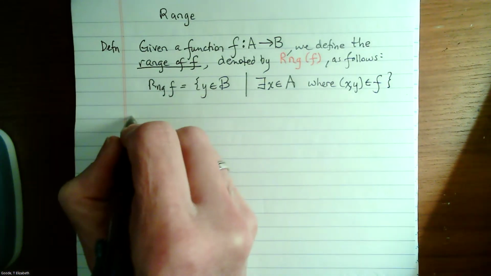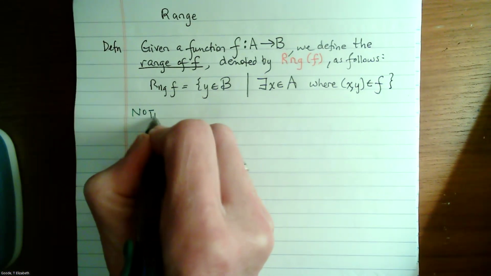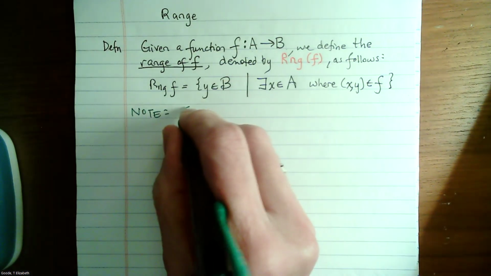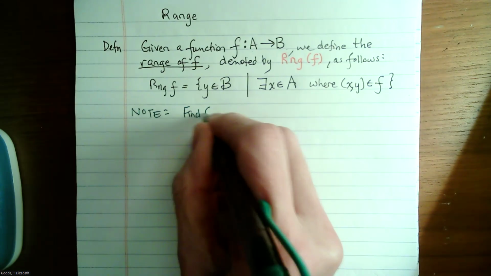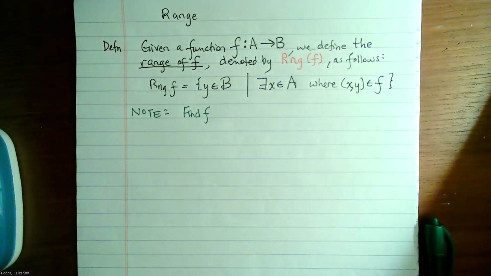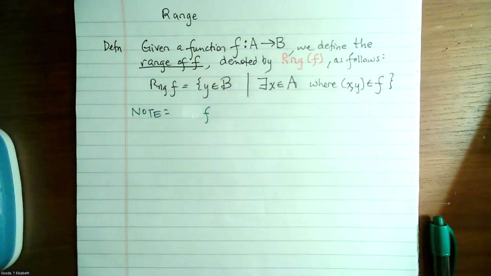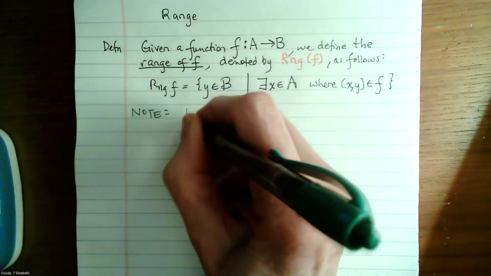So I'll just put a little note here, and I'm going to try to say things as many different ways as possible. Oh, excuse me. Can't read my own writing. It's supposed to be the range of F. Maybe I should put my glasses back on.